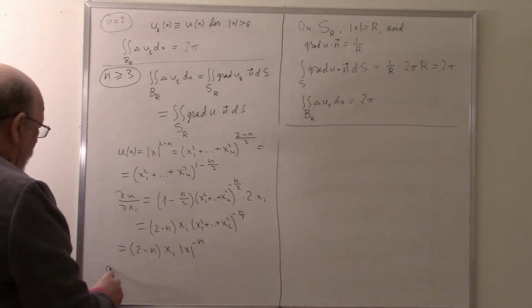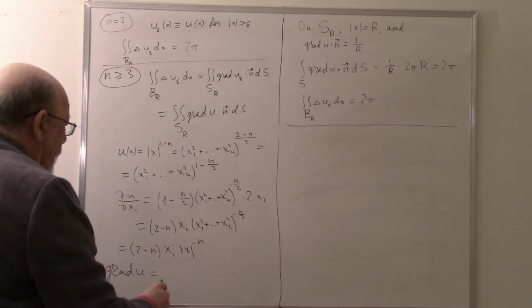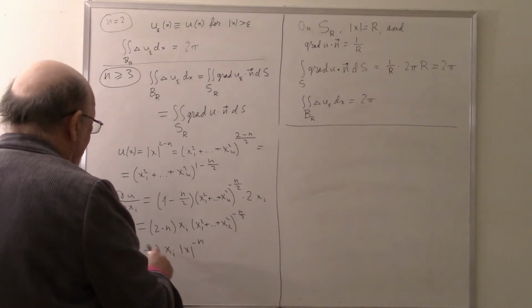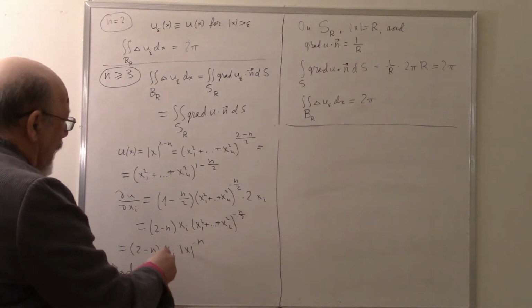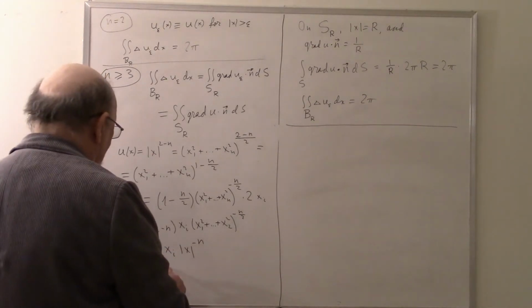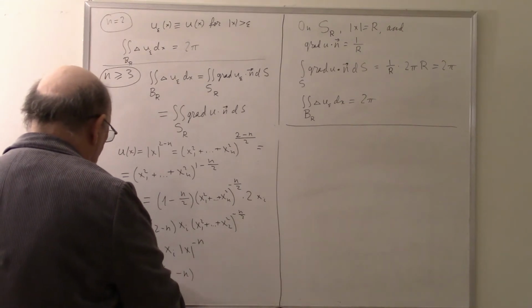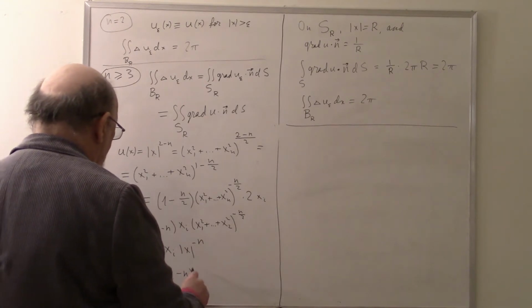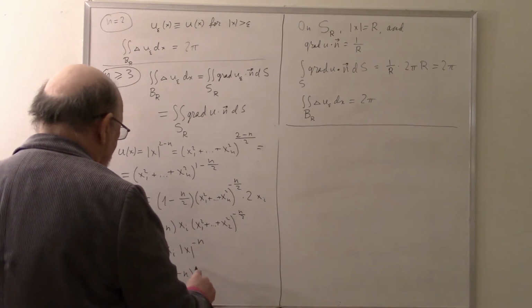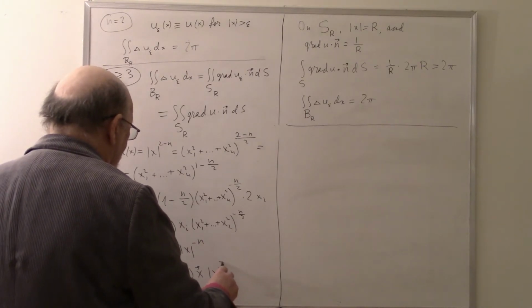So this is one component of the gradient. If you take all components of the gradient, we have the formula: gradient u at the point x equals (2−n) times vector x times |x|^(−n).